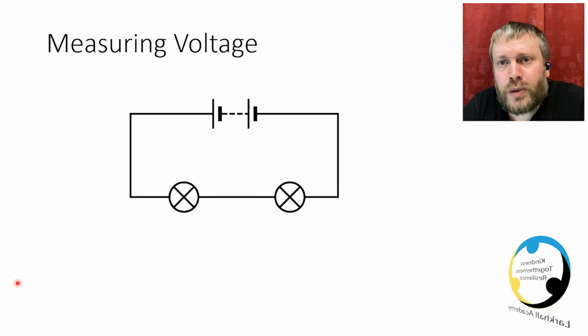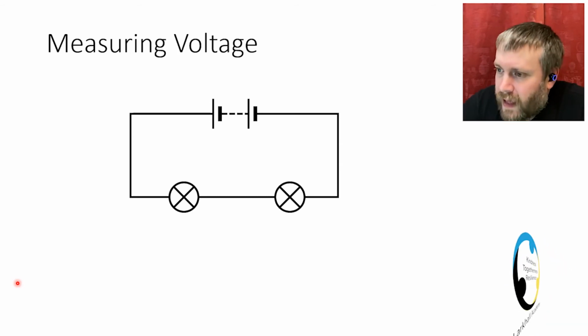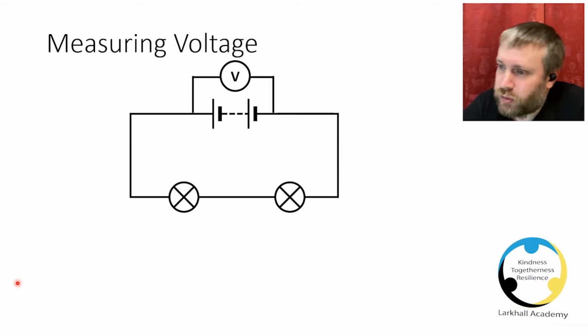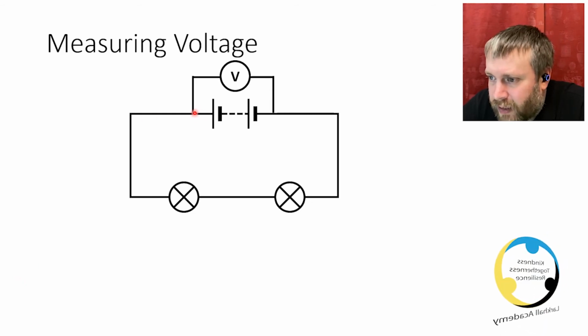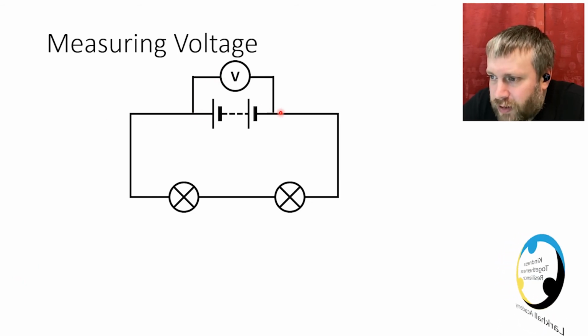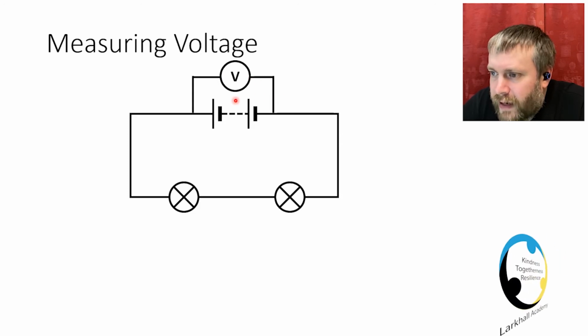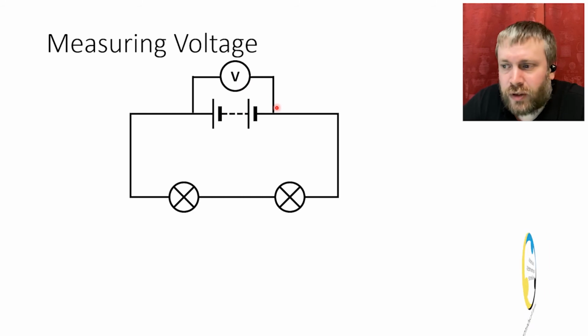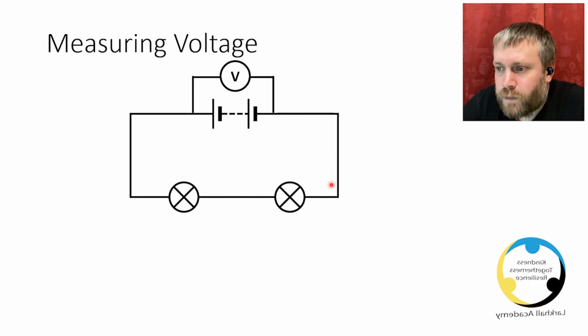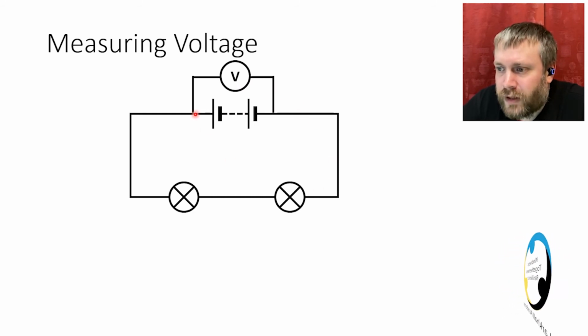So if we want to measure our voltage, what we do is we put it across our components, okay? So we take one lead coming from one side of the battery, and that goes into the voltmeter, one lead from the other side of the battery into the voltmeter, and that'll give us the voltage across the battery. Now we always say the voltage is across and the current is through, okay? And we say the voltage is across because it is just across.